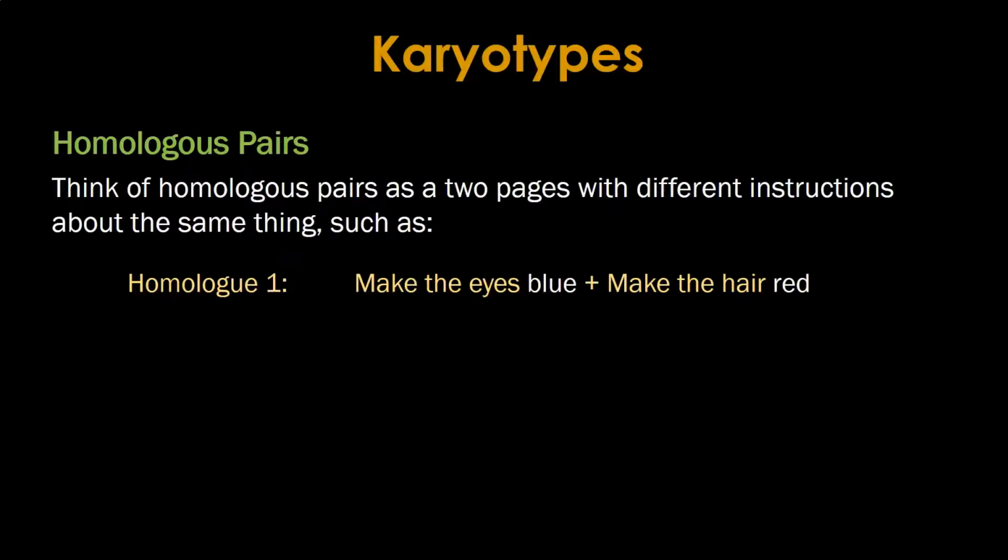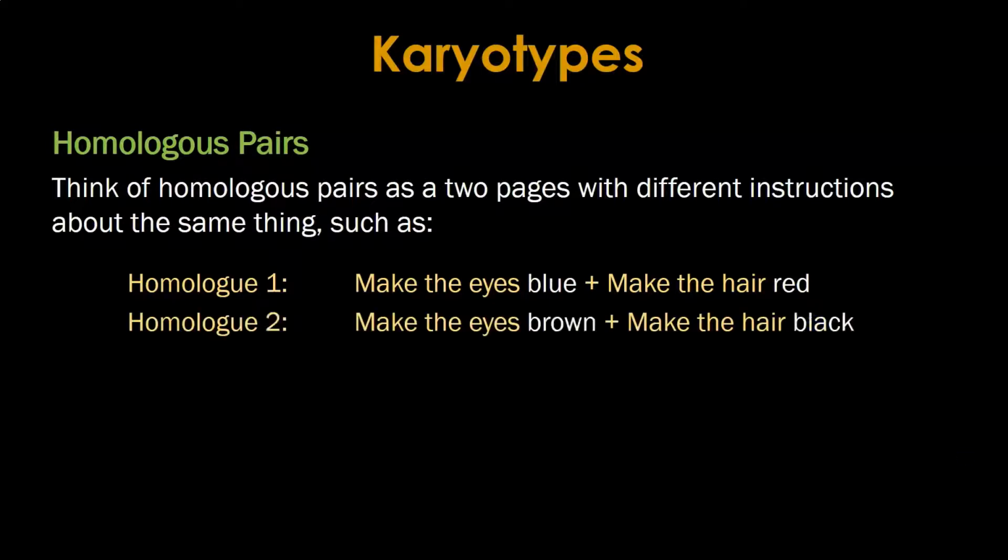So let's take a really simple situation, and in this homologous pair, homologue 1 gives instructions to the cell and therefore to the body to make the eyes of that person blue and make their hair red. But homologue 2, although it will definitely have instructions for eyes and will definitely have instructions for hair, may not say the same things about the eyes and the hair.